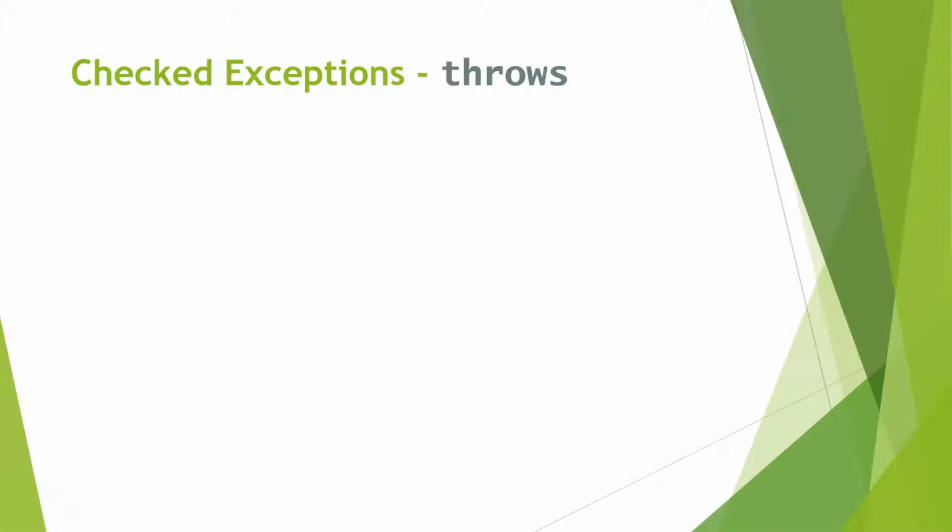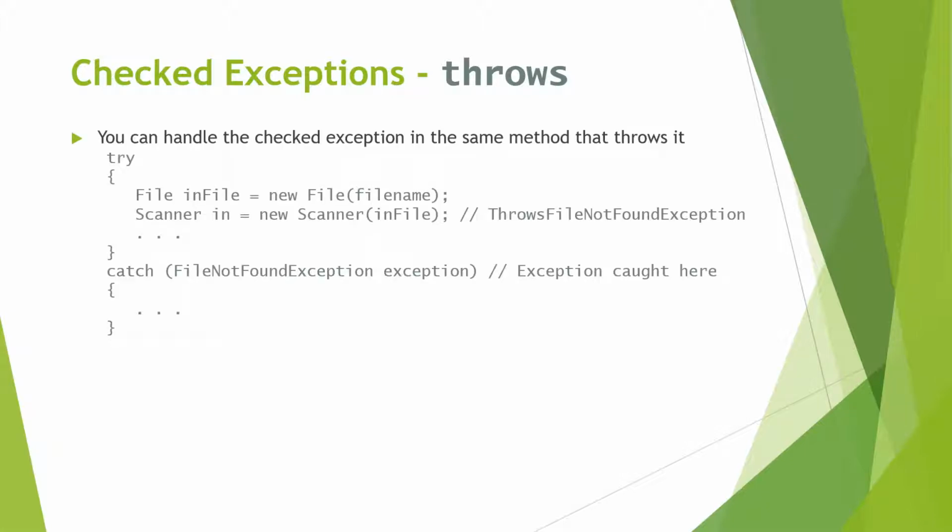So let's talk about an interesting feature in Java that allows you to throw an exception in a method and catch it in another method. As a simple scenario, you can handle the checked exceptions in the same method that throws it. For example, you have a try block, and after that you have a catch clause that basically catches the exception that may be thrown in this try block.